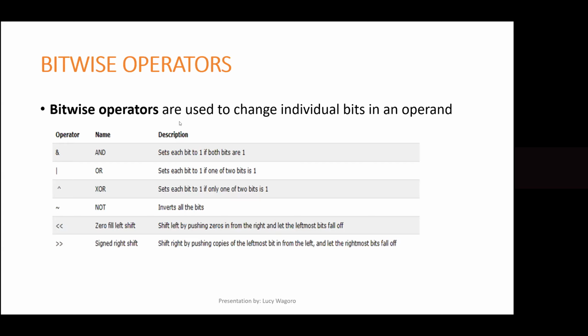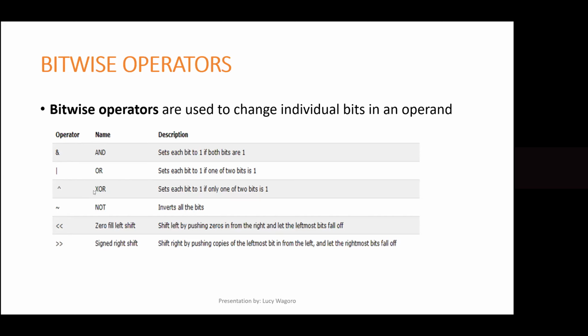Bitwise operators, now we have explained what they mean. And I'm also saying that we have several bitwise operators. We have an AND, which sets each bit to 1 if both bits are 1. We have an OR, which sets each bit to 1 if one of two bits is a 1.